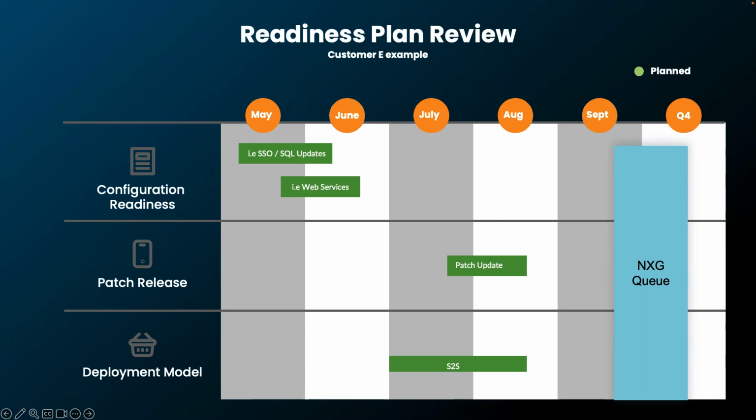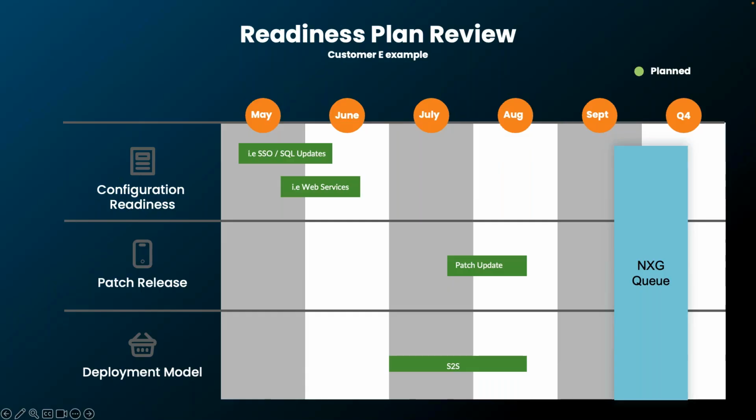As you see on the screen, we first scheduled their configuration update to be done in June. In the meantime, we agreed on the shift to SaaS project that will start around the end of June and complete in August, while we patch them to CG Summer 23 as part of the shift to SaaS project itself.